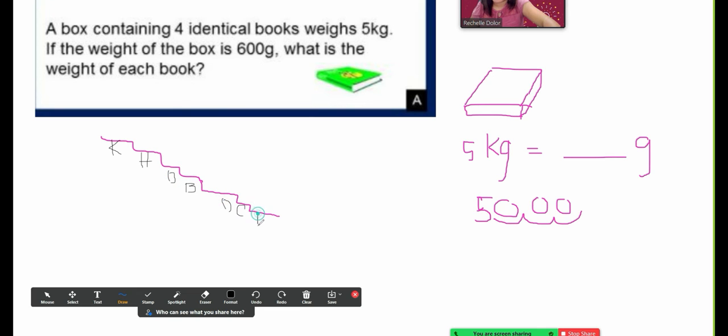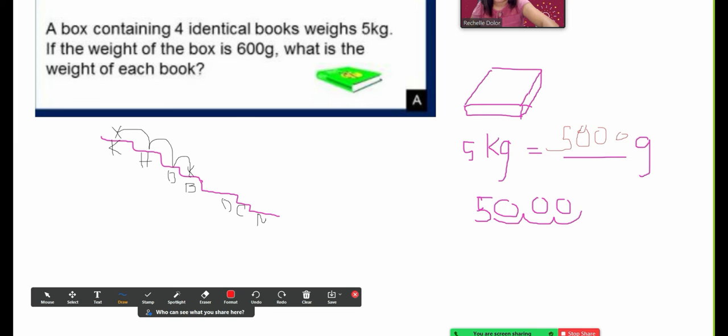So as you can see here, this is the kilogram, this is the basic unit, which is the gram. 1, 2, and 3. So move to the right three times. So this is the right number. So we put here 5,000, right? So 5,000 grams.